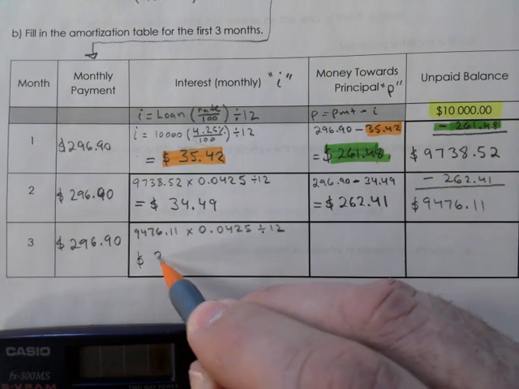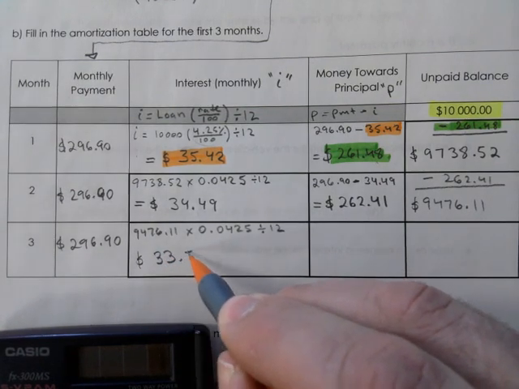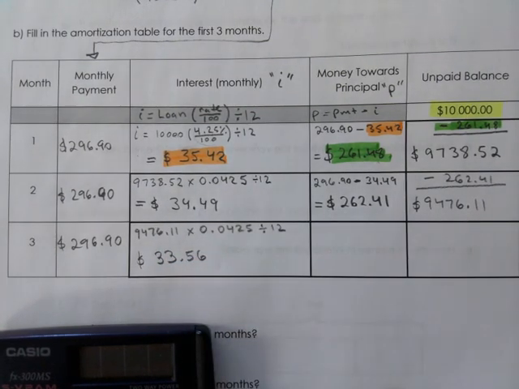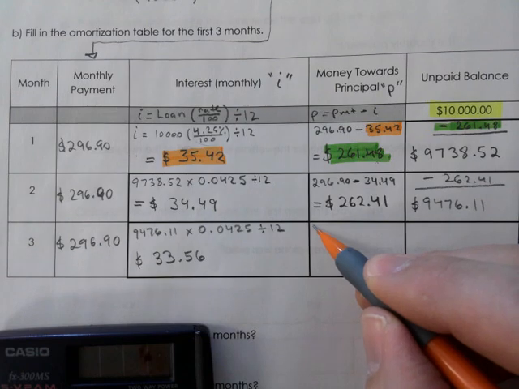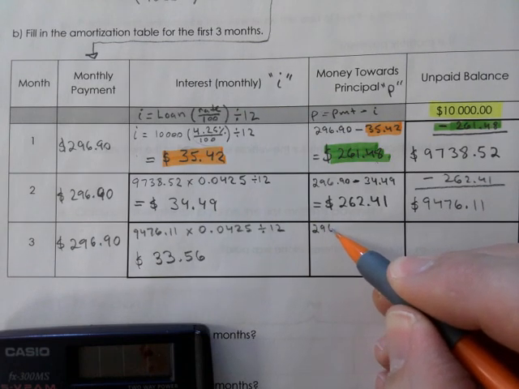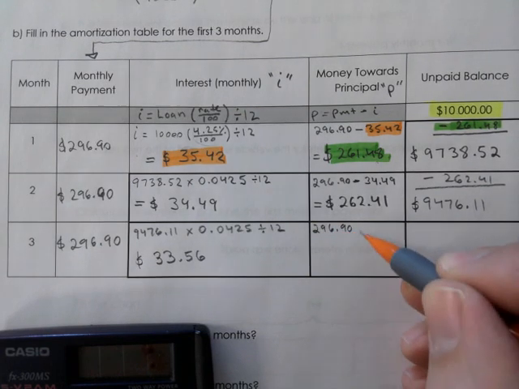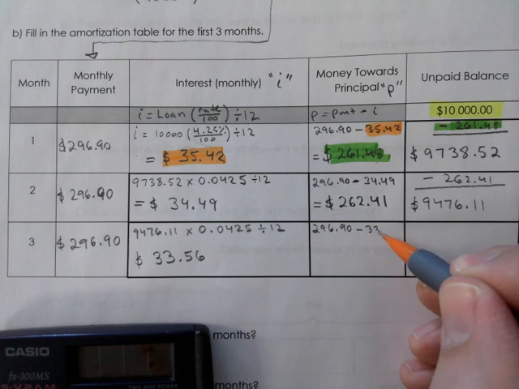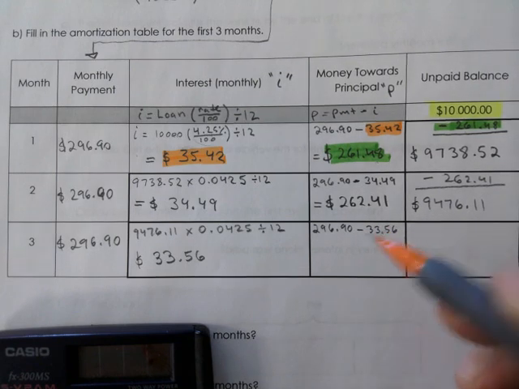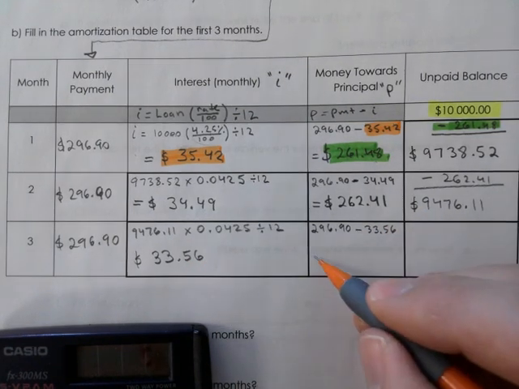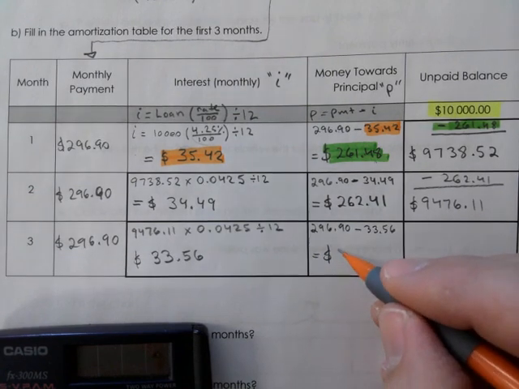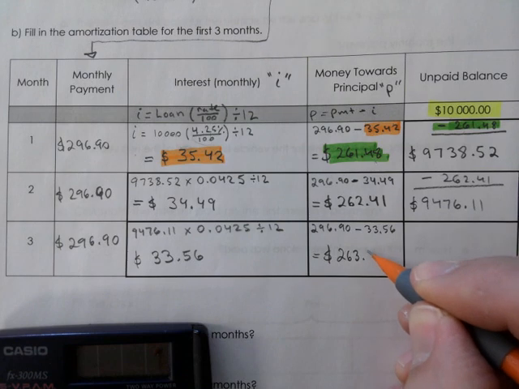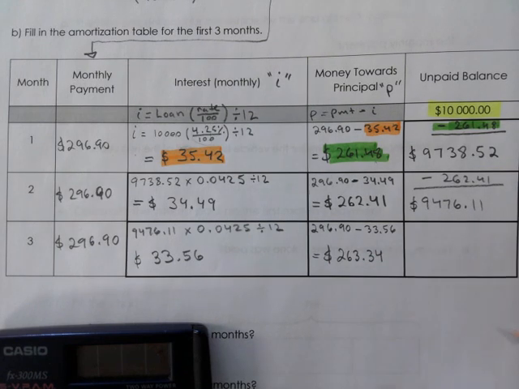I'm telling you that you get 33.56. And then you take your payment and you subtract the interest paid on the third month. And that's 263.34.